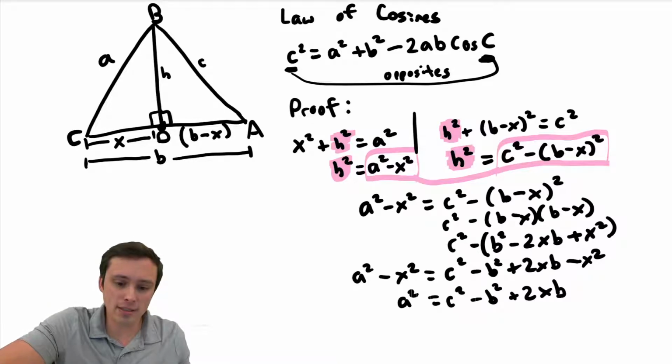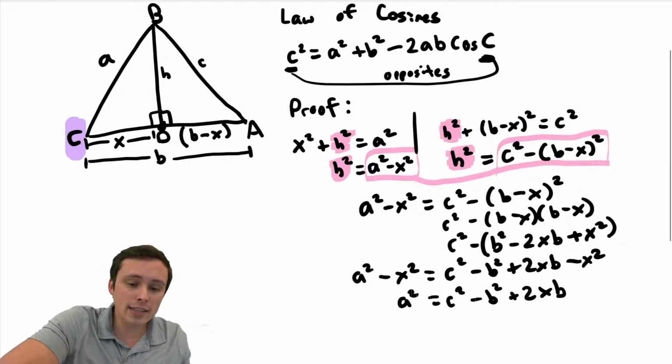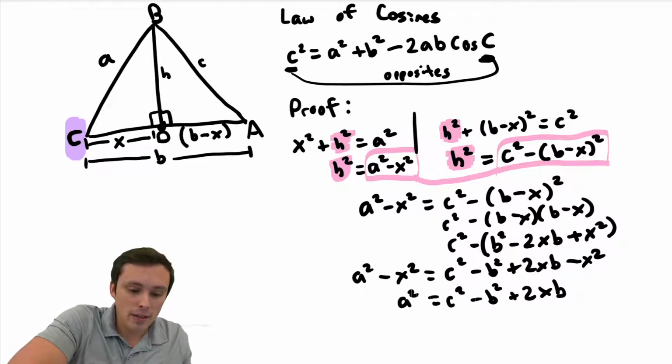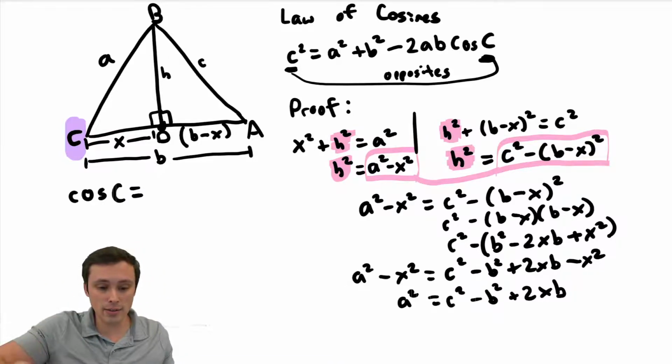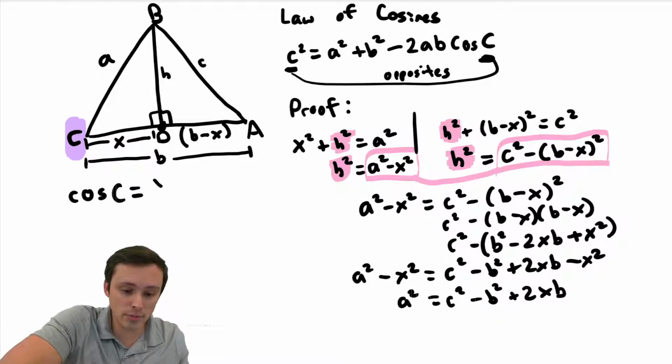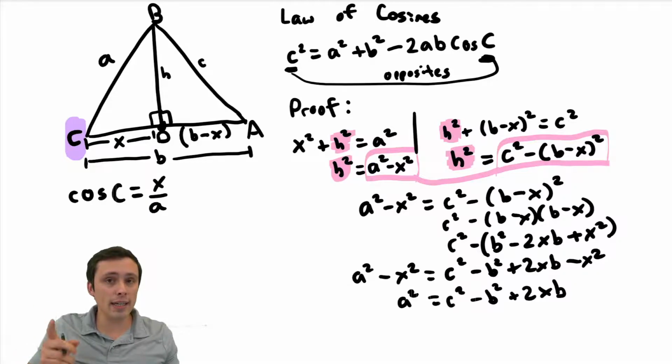That's my thought process. So let's jump back into the triangle and look at this capital letter C. Let's write down the cosine of that angle. Well, that would be cosine of C, and remember cosine is the ratio of the adjacent to the hypotenuse. In this, the adjacent side would be x, and the hypotenuse would be a. So the cosine of angle C is related to x. Let's actually solve that for x.